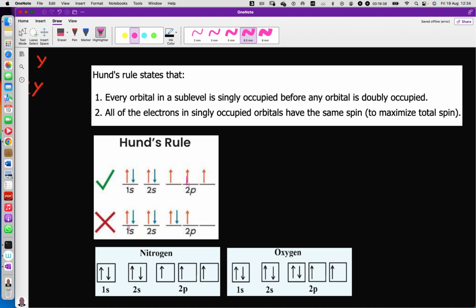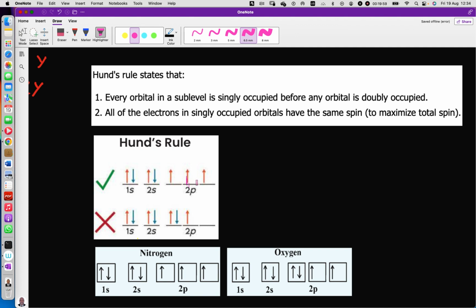It is not done this way. The first shell has been filled. In the second shell, we will not fill by putting the first one and then pairing it. No. We take the first one, and first of all fill them singly before pairing. That is how Hund's rule is applied.